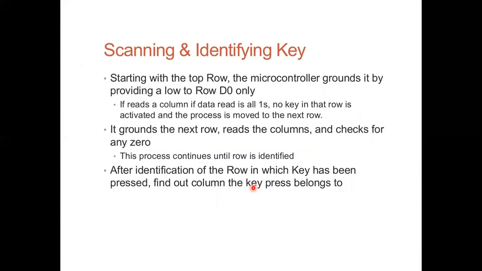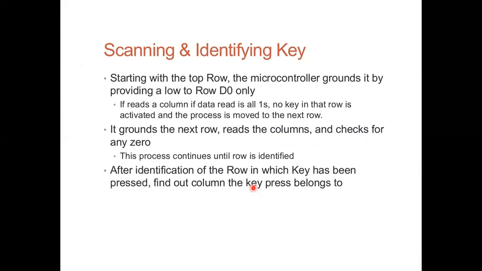Start with the top row. The microcontroller grounds it by providing a low to row D0 only. It reads the columns; if the data read is all ones, no key in the row is activated and the process moves to the next row. It grounds the next row, reads the columns, and checks for any 0.